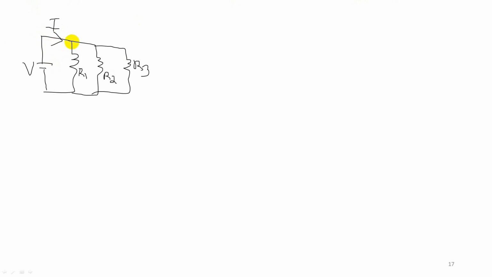If you look at this junction, according to KCL, the current entering the junction should be equal to the current leaving the junction. So the current direction is in this way. Let me say the current in R1 is I1, the current in R2 is I2, and the current in R3 is I3.